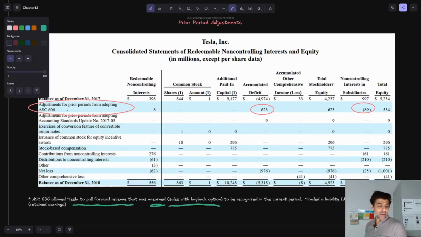I don't know the details of ASC 606, that's the accounting rule. But for whatever reason, they were allowed to pull forward $623 million of profit. That's what this accounting change is doing, though actually offset by this, so around $500 million they were able to recognize.